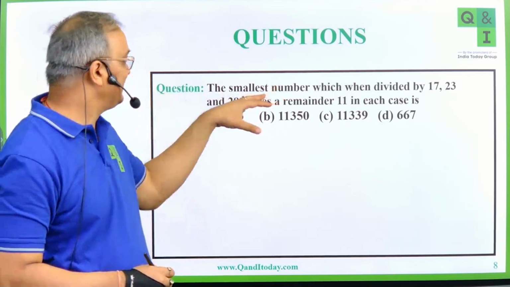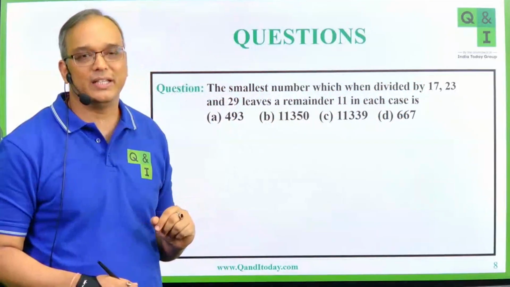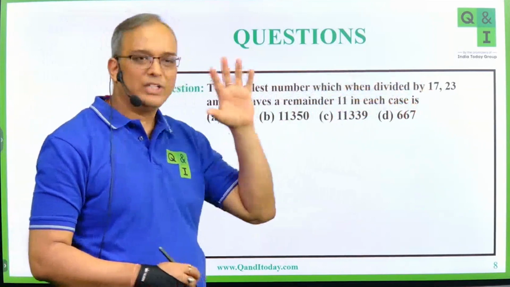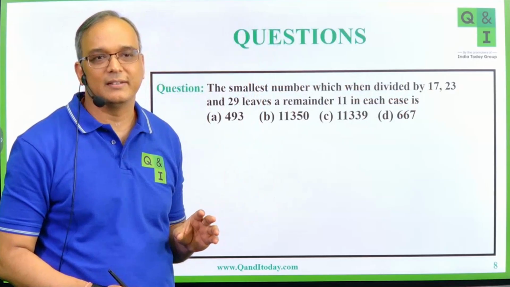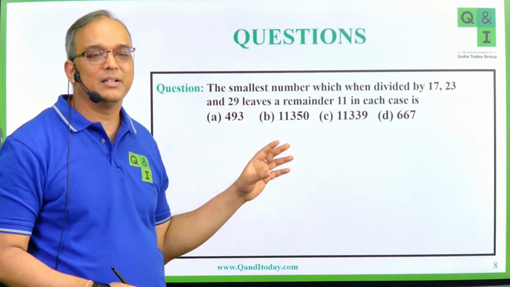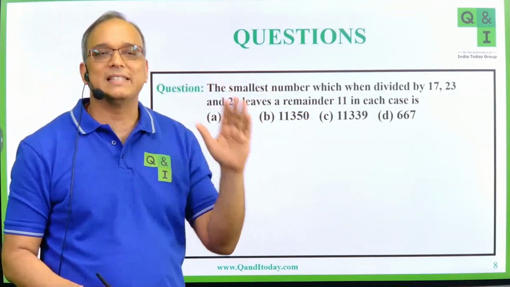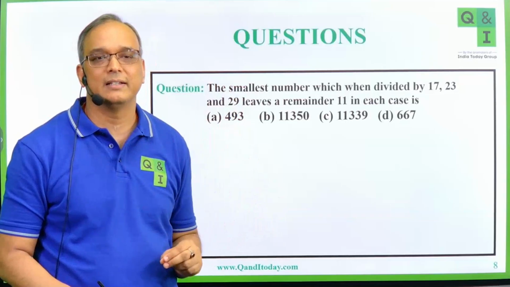See, the question says the smallest number which when divided by 17, 23 and 29. So which is the number which is exactly divisible by 17, 23 and 29? If you had to find a number which is exactly divisible by 17, 23 and 29, how will you find that?